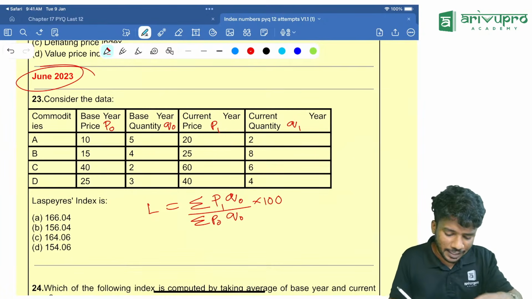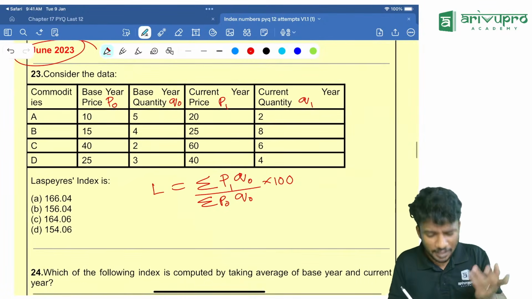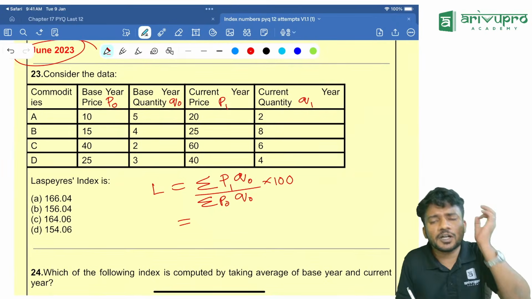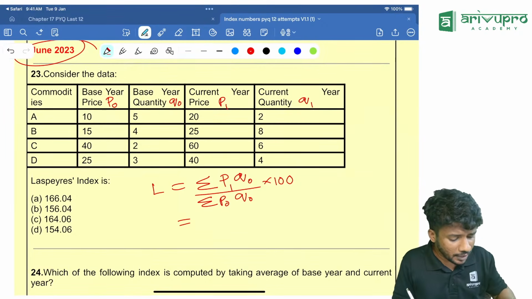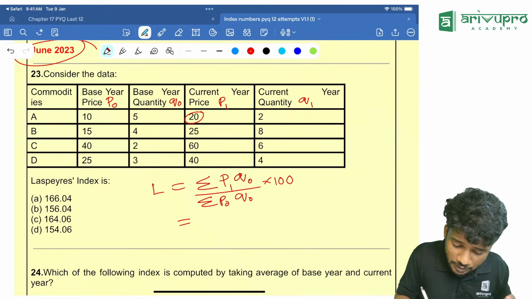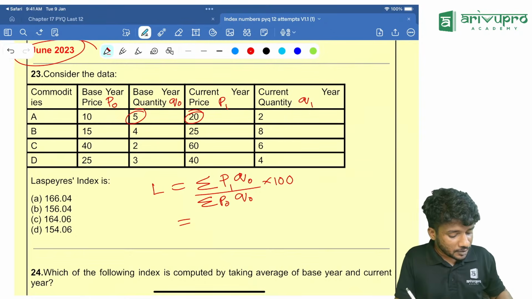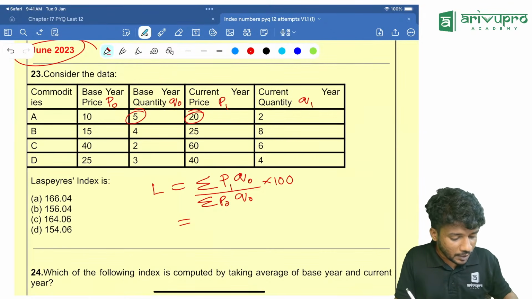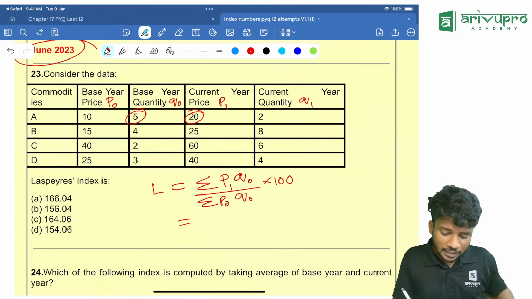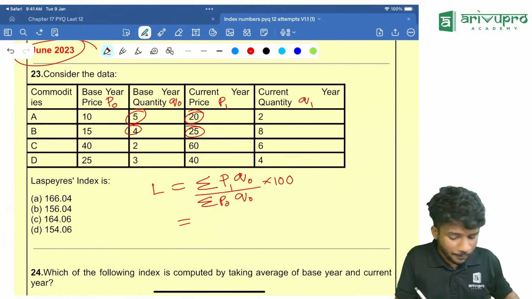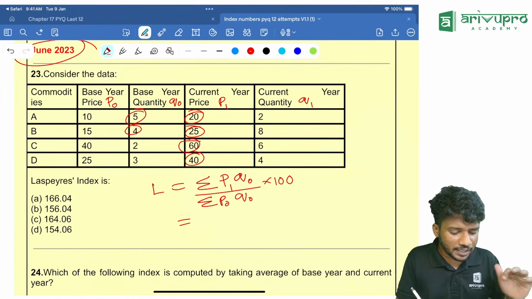People, just take your calculator and start doing it. P1 Q0: P1 is 20, Q0 is 5. So first value is 20 into 5 M plus, then 25 into 4 M plus, then 60 into 2 M plus, then 40 into 3 M plus. Finally click MRC.